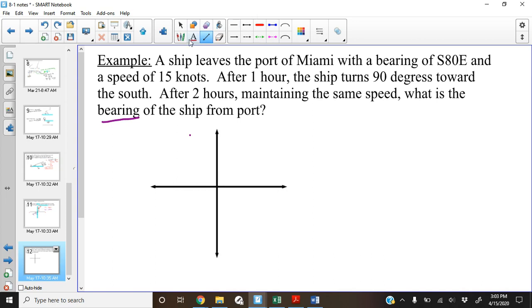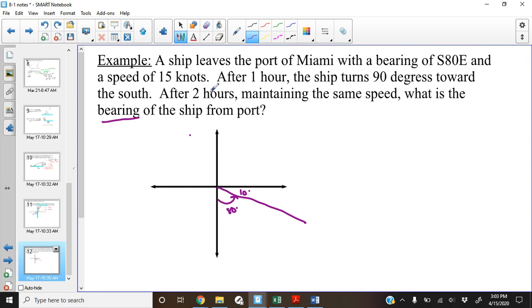So we had gone 80 degrees east of south. So 80 degrees means that, I know it's not very straight, we went 80 degrees from the south to the east. So that leaves only 10 degrees over here.